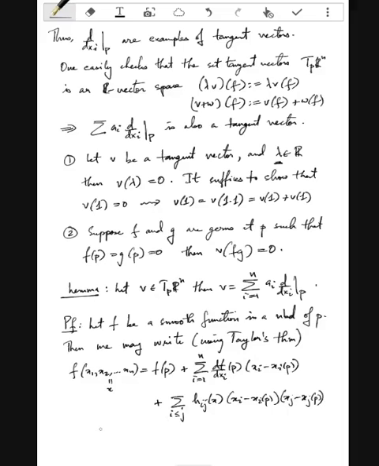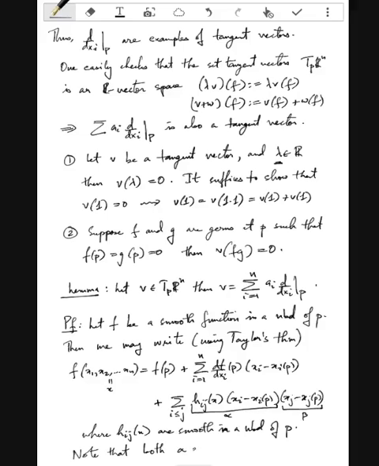So where hij of x are smooth in a neighborhood of p. So let's denote this function by alpha and let's denote this function by beta. So note that both alpha and beta vanish at p.